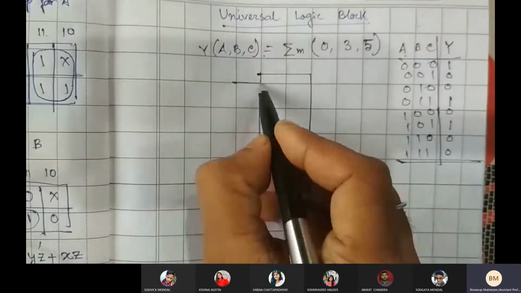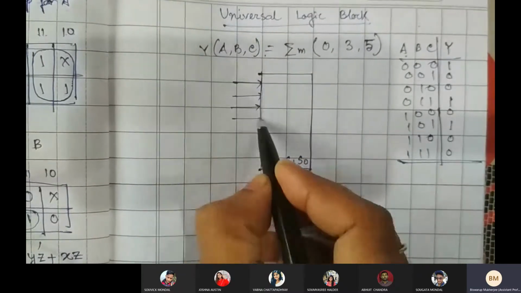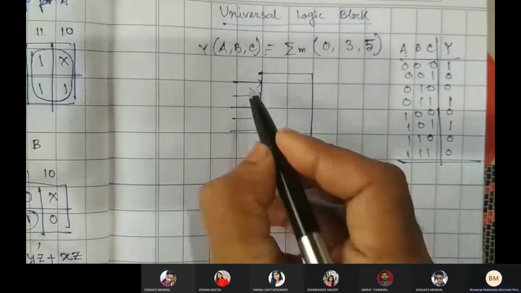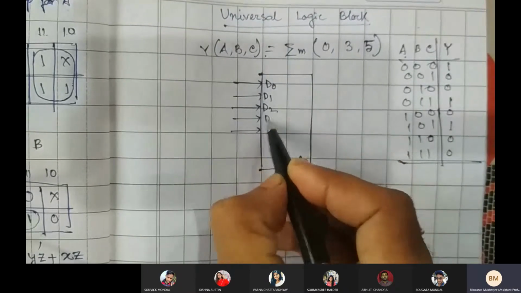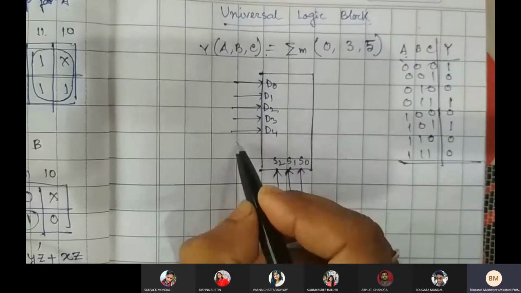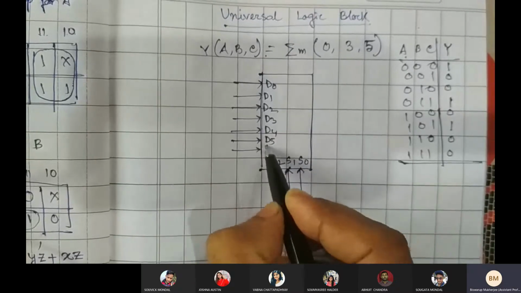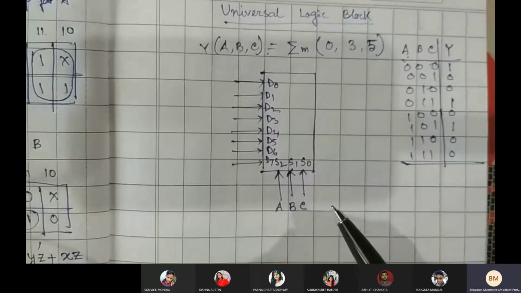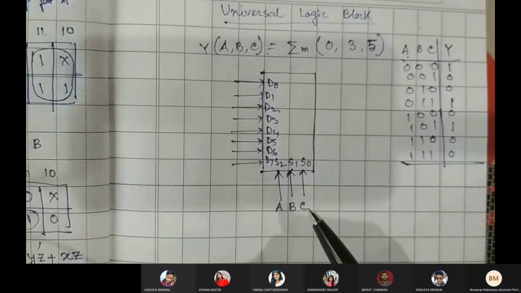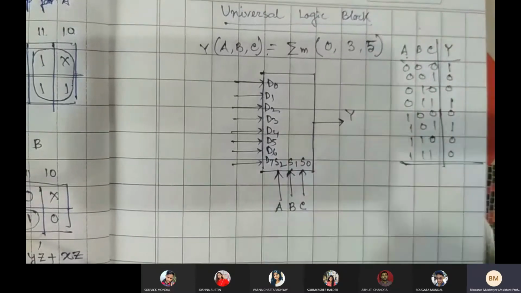You are having the data lines D0, D1, D2, D3, D4, D5, D6, and D7. These are the data lines. For that, we are having one output, likely Y.